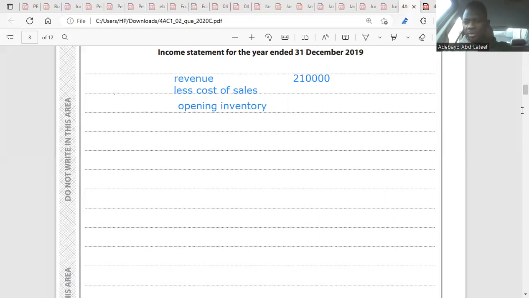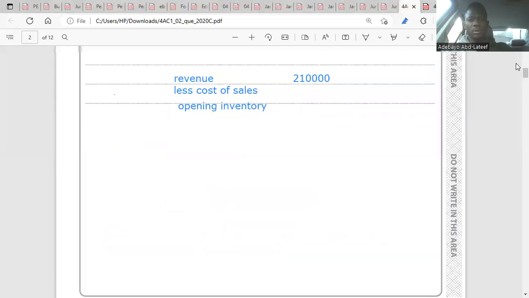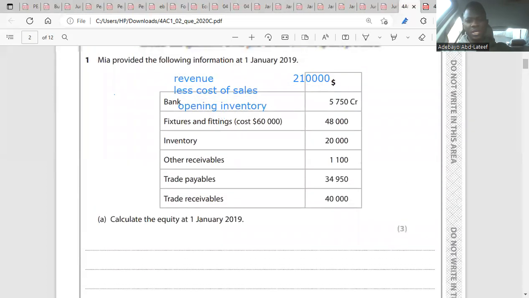I need to get the values. Okay, let me just explain it. This is just going to take much of our time.